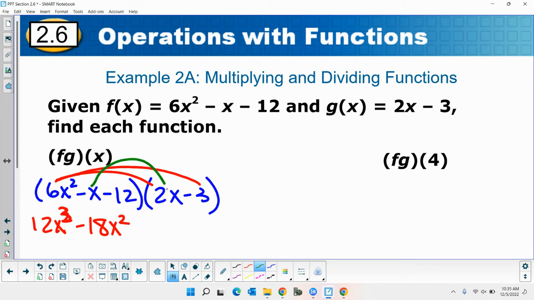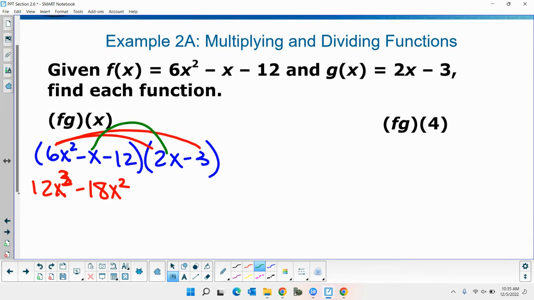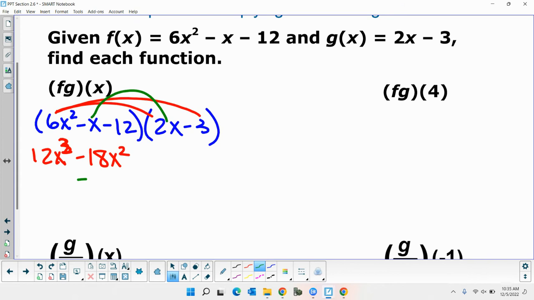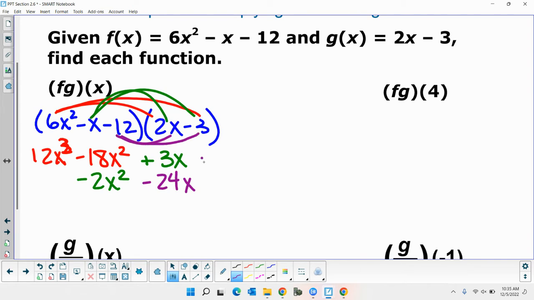And then I'm going to go negative x times positive 2x, which is negative 2x squared. I like to put the like terms together on top of each other. And negative x times negative 3 is a positive 3x. And then negative 12 times 2x is negative 24x, and negative 12 times negative 3 is positive 36.